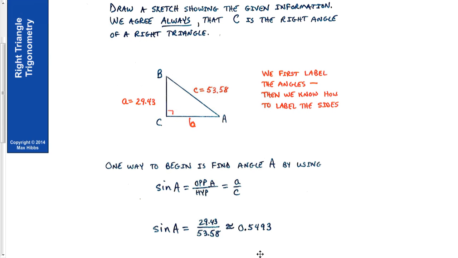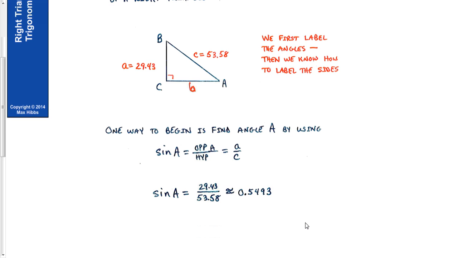All we need to do then is to calculate the sine of A. We know the opposite is 29.43, divided by the length of c, the hypotenuse, which is 53.58. So we know the sine of A is approximately 0.5493.